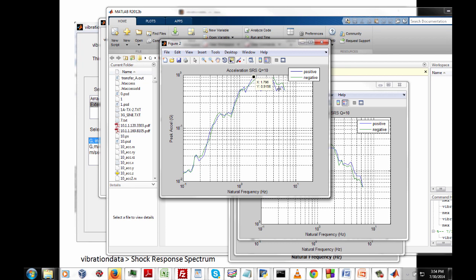So there we are at 1.8 hertz, which is the x. We have the y, which is 0.92 G's, peak acceleration. Now, as we look at these two curves here, this is giving us a hint for design purposes.